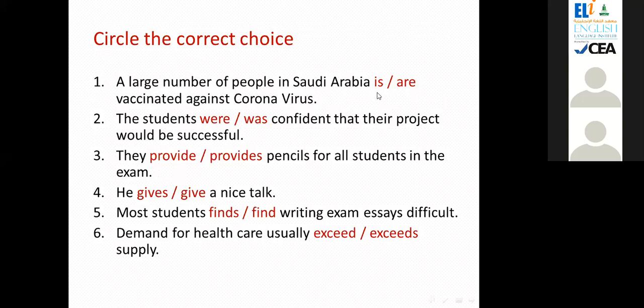Is a large number of people vaccinated against coronavirus? Number two, three, provide. Four, gives. Five, six.